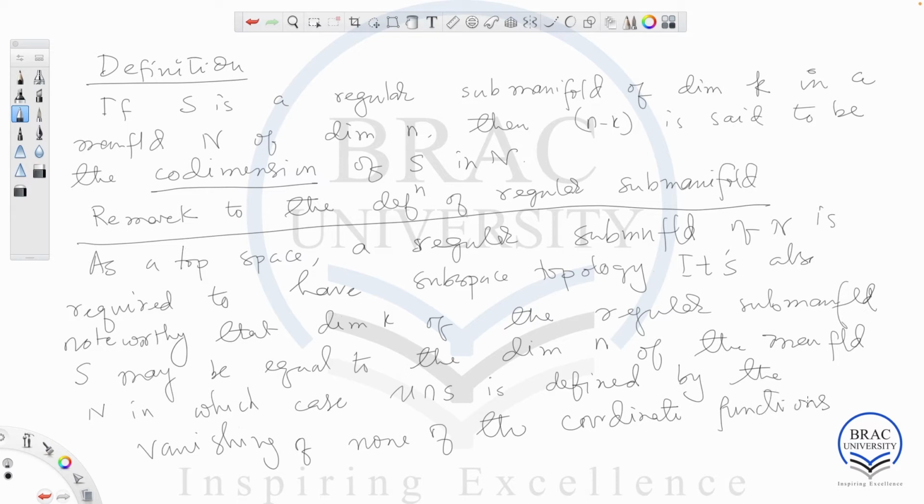So that n minus k is equal to 0. So that, in other words, phi restricted to U intersected with S, which we defined as phi_S, remember, is nothing but phi in this case.